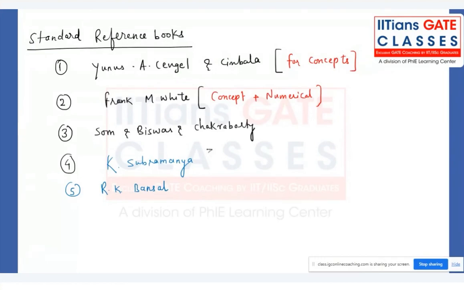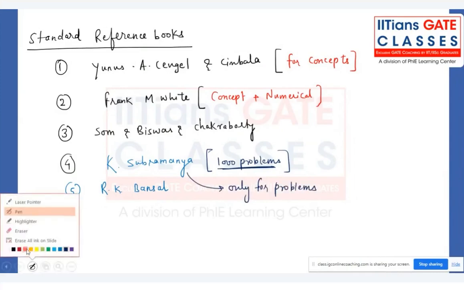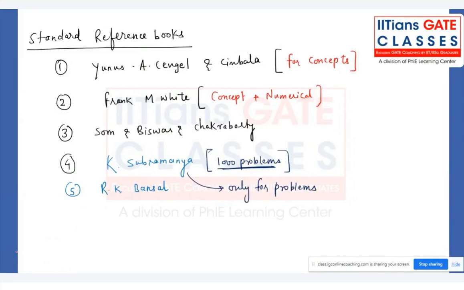Correct. Subramanyam, we have a thousand problems. This particular Subramanyam book is to be followed only and only for what? Problems, right? Only for problems. But while solving from Subramanyam, you have to keep one thing in your mind.